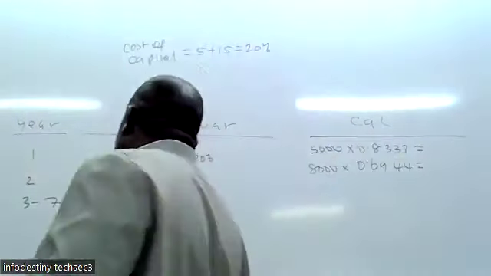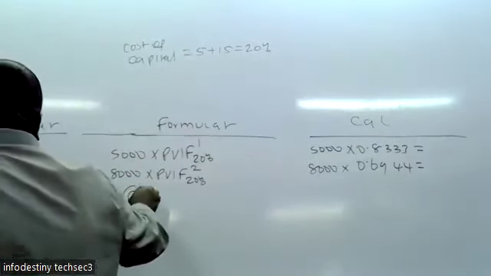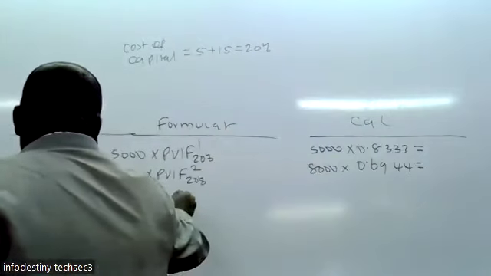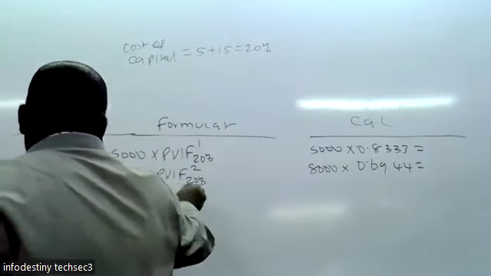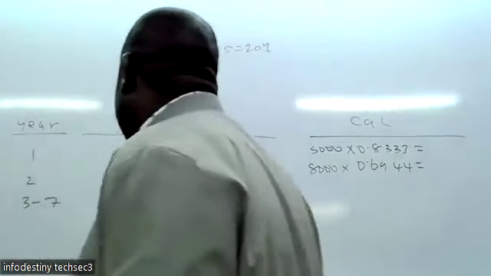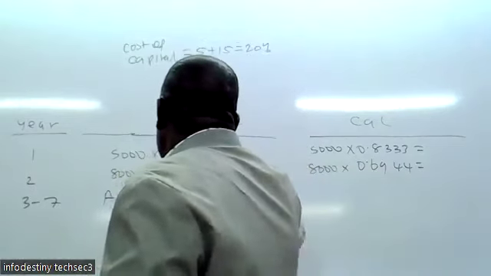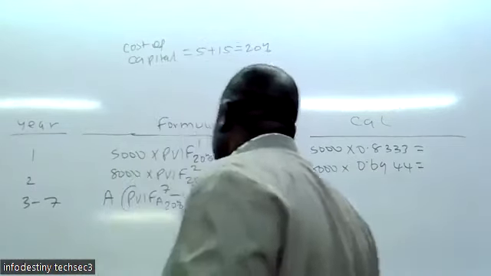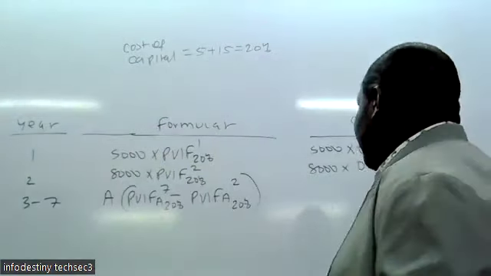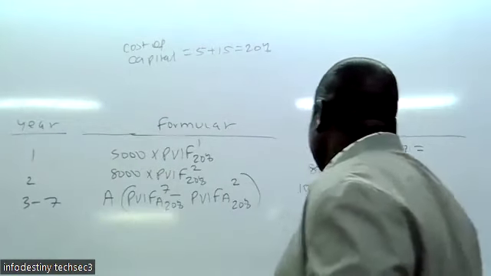So it will be an annuity, then present value interest factor for the annuity, 20% in year 7, we minus present value interest factor for the annuity 20% in year 2. So our annuity is 10 million.